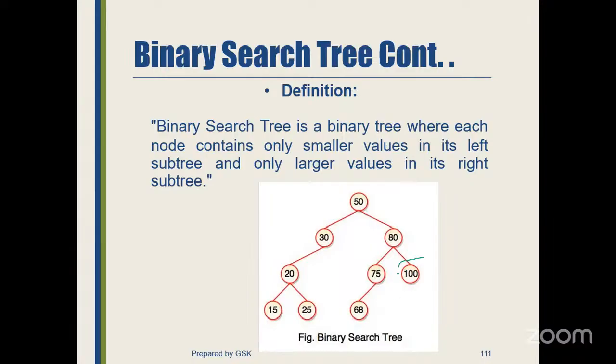Coming to the right-hand side, that value must be greater than 80. Obviously, if the value is greater than 80, it will be greater than 50 also, right? Then, like this, you can apply the same formula at each and every level and you can create the binary search tree.